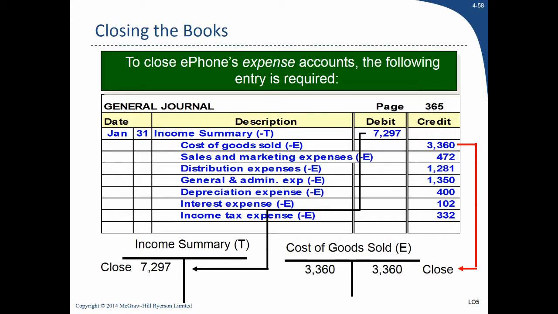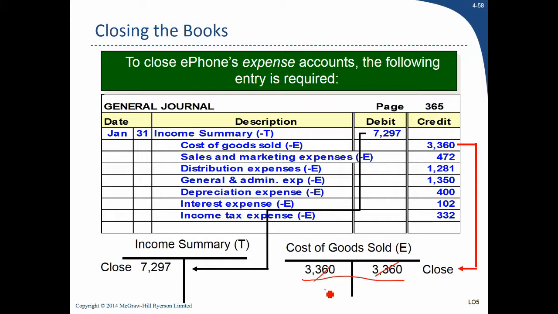The exact same process happens to the expense accounts, except it's reversed because expenses have debit balances, right? So in this case, we have cost of goods sold, which had a debit balance of $33.60, but we're crediting it. Notice, again, it was $33.60.